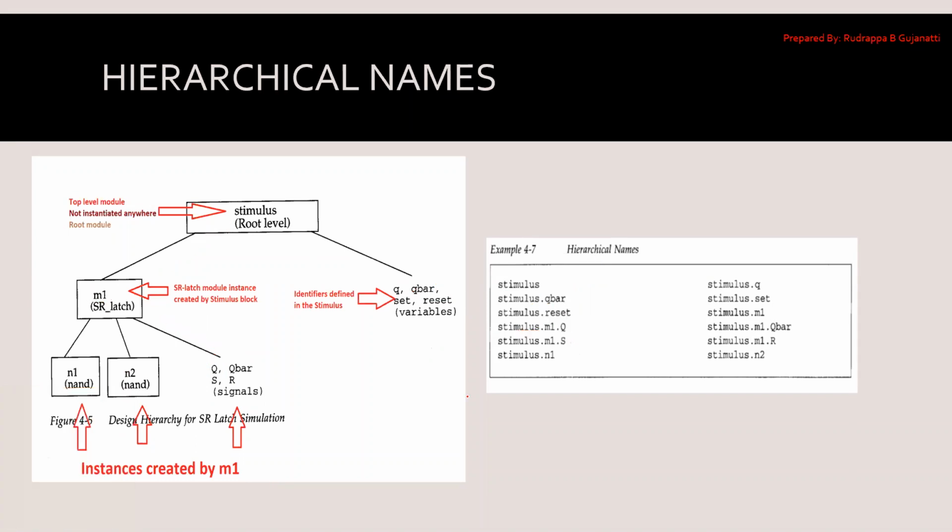If I want to identify the hierarchy of R, I make use of the hierarchical names. R is from M1, and M1 is from this root. So it gives you that information. What is the hierarchy present over here?